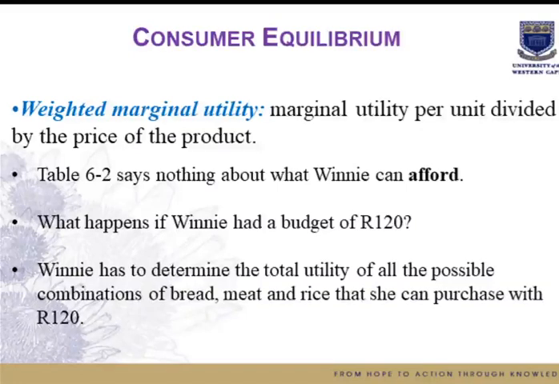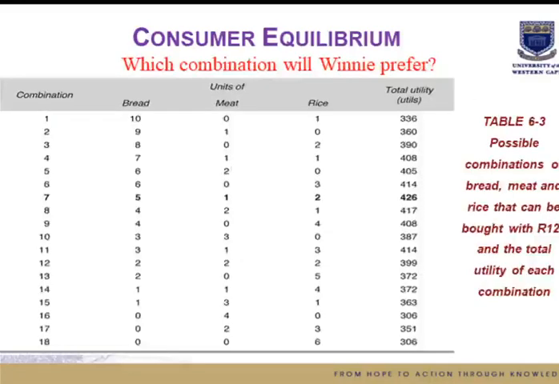Then secondly, she chooses the bundle that gives her the maximum total utility with all her income spent on the goods. Table 6.3 outlines all the possible combinations of bread, meat, and rice that Winnie can purchase with 120 Rand, as well as the associated total utilities.